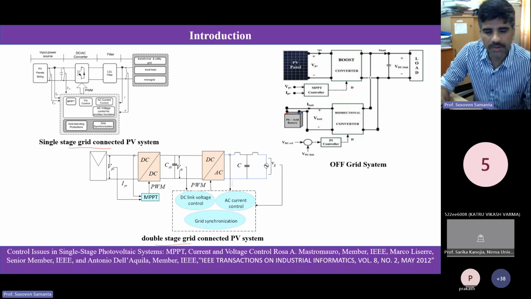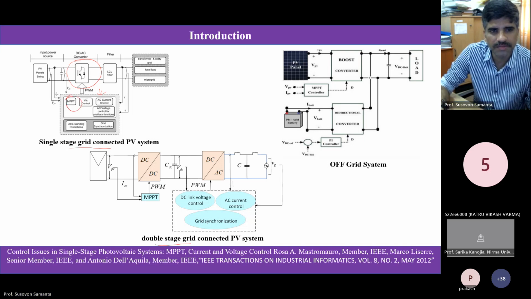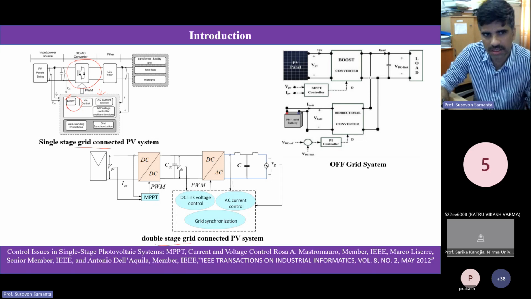So ultimately, we need to have some kind of power converter here, and this should do the following jobs, like MPPT, then DC link control, then frequency control and other things, grid synchronization, islanding protection, all these things. But obviously today's focus, as the name of the lecture says, is MPPT.